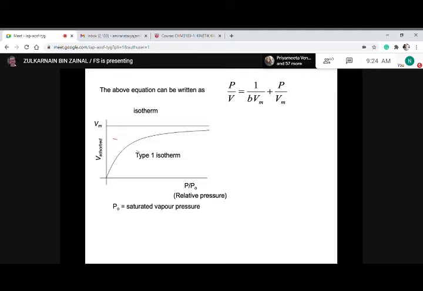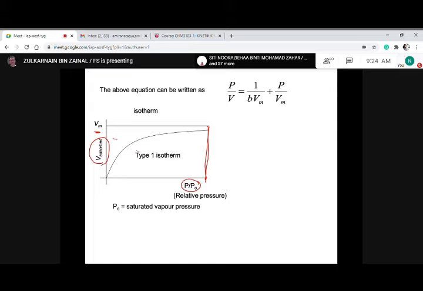We can also plot V adsorbed versus the pressure. Here we use relative pressure. Relative pressure is the pressure over the saturated pressure. Where is the saturated pressure? The saturated pressure is here. This is where you get the saturated pressure, the pressure at which no more adsorption can occur.